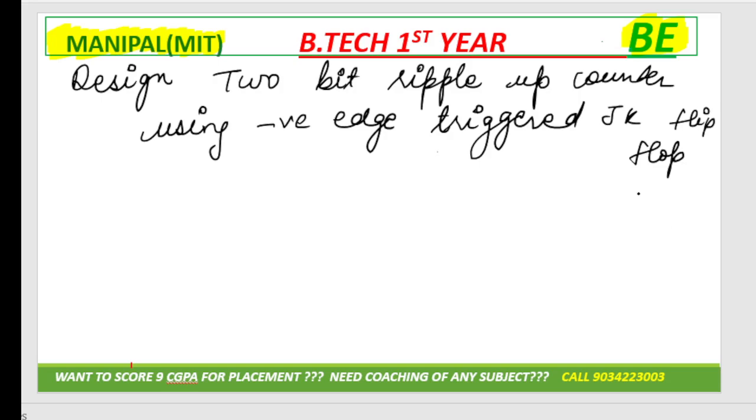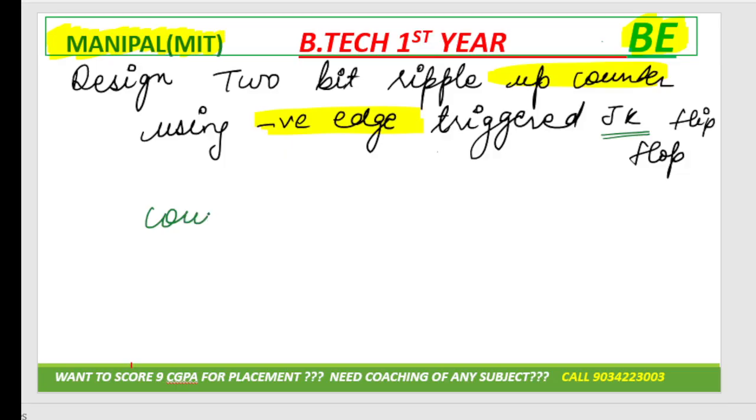Like they're asking to design a 2-bit ripple up counter using negative edge triggered JK flip-flop. तो वे मेंशन करते हैं कि उनको कौन सा फ्लिप फ्लॉप यूज करना है, उसी के अकॉर्डिंग तुम्हें काउंटर बनाना है. क्लियर अप टू हियर? Now, if they mention T flip-flop, you can use T flip-flop.